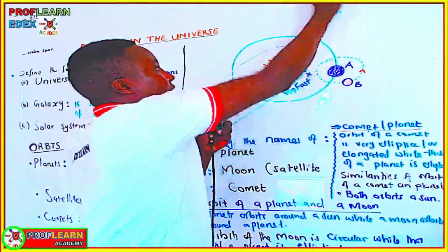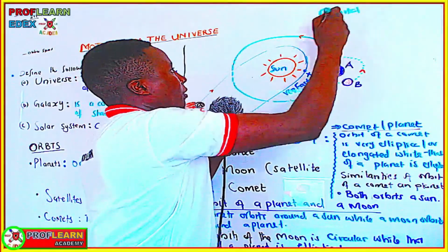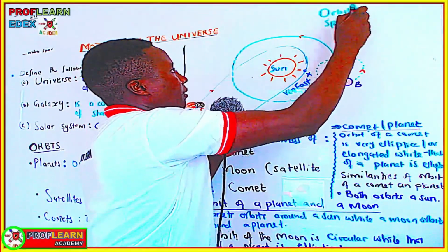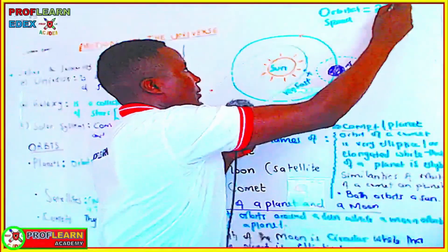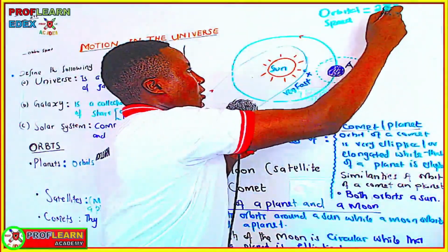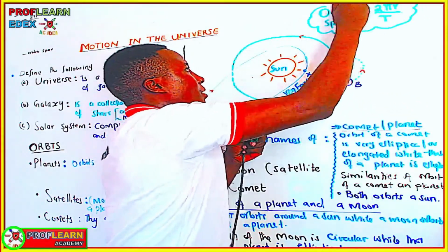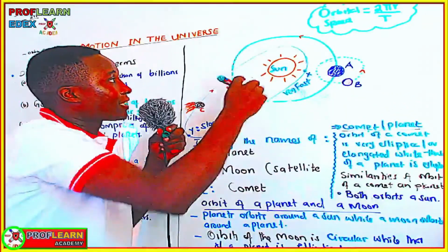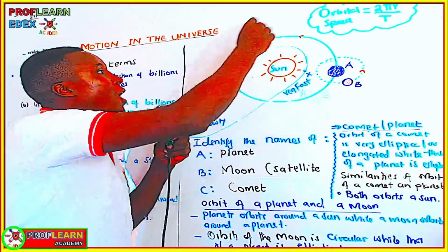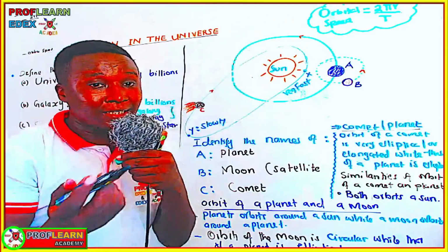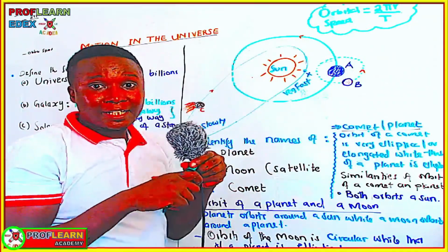Orbital speed is going to be 2 pi r over T, whereby T is the time period. T is the time duration this object takes to go around its orbit once, and r is the radius of the orbit.